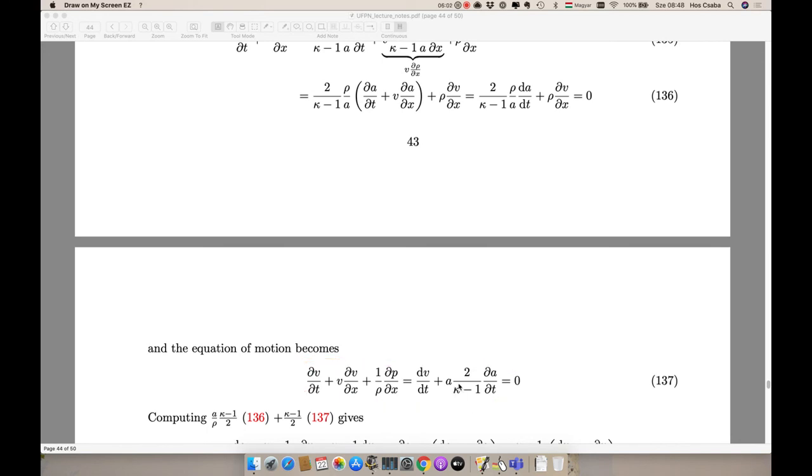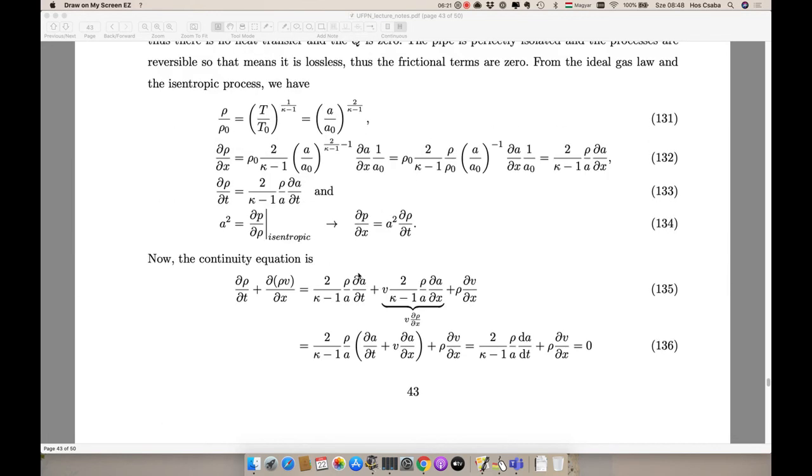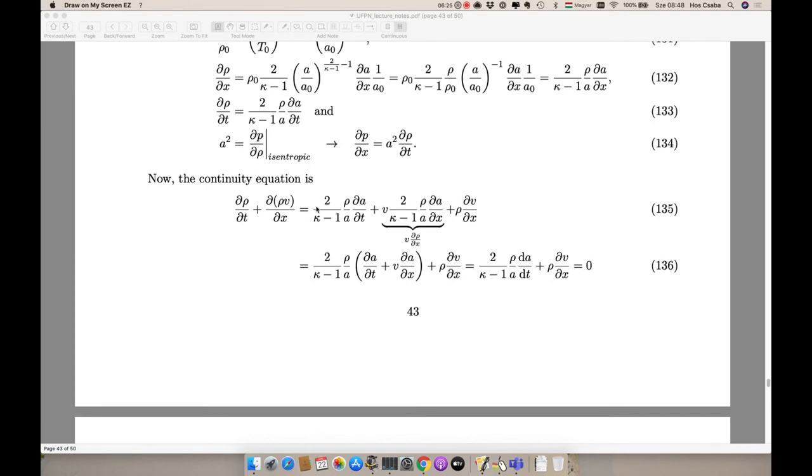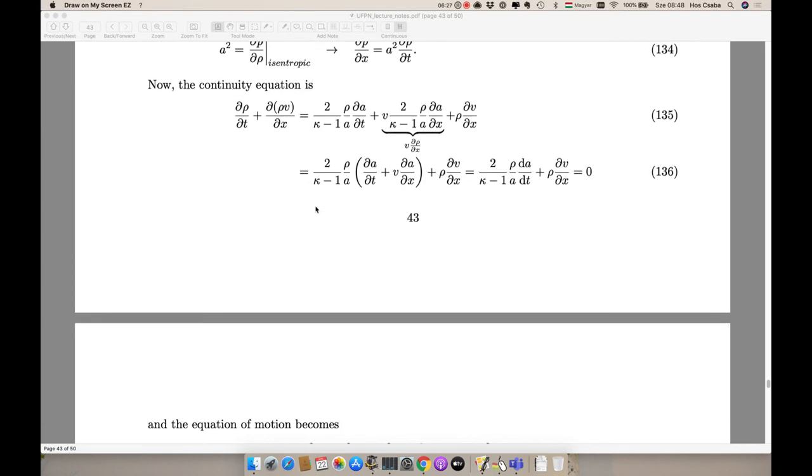And the energy equation is omitted because we don't need it. If you assume an isentropic process, then you don't need the energy equation, because what you would typically use the energy equation for is to compute the temperature. But if you know the pressure distribution, then making use of isentropic formulae, you can work out the temperature.